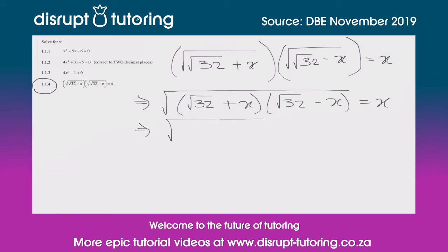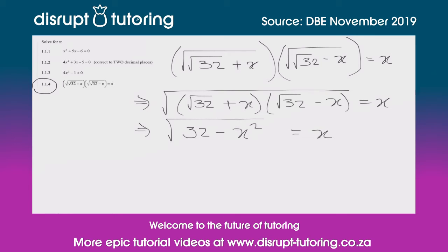To keep that big surd, we're going to square the first term. So root 32 squared just gives us 32. And then we're going to square the second term, but it needs to be subtracted. Now, do you agree? If I found the difference of two squares here, I would get the exact same bracket. So that makes sense. And that all equals x.